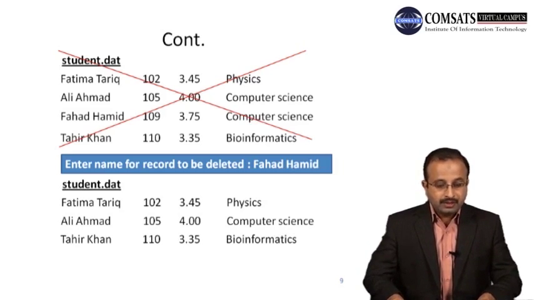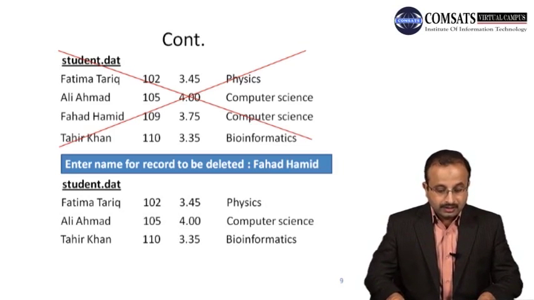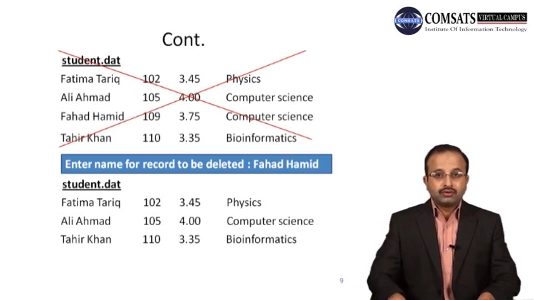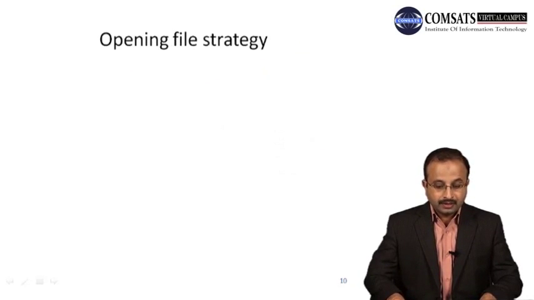So before renaming the temp file to student.dat, you have to delete the original file first, then you rename the file and then you open that file in RB plus mode, because we had closed both the files. Okay? So that is a seamless deletion, and the user doesn't know that a new file has been created and all this process, right? That is known only to the programmer who programs it.